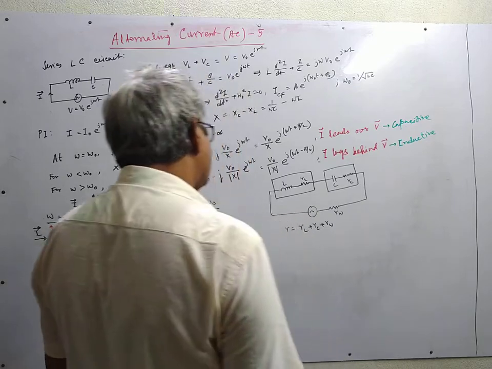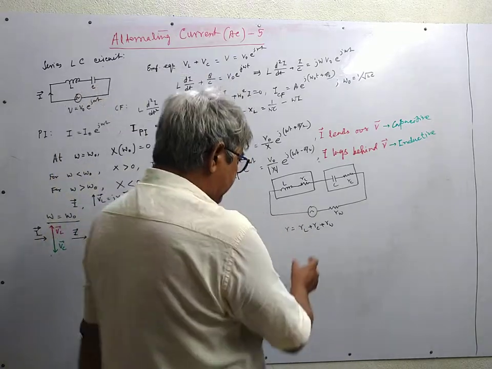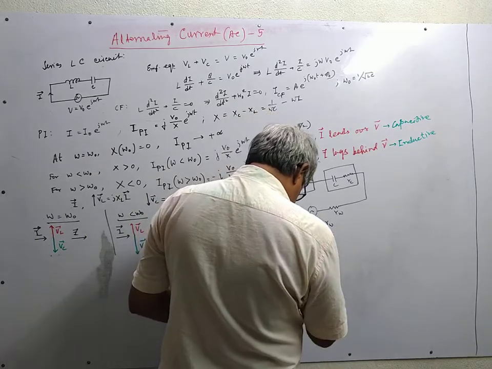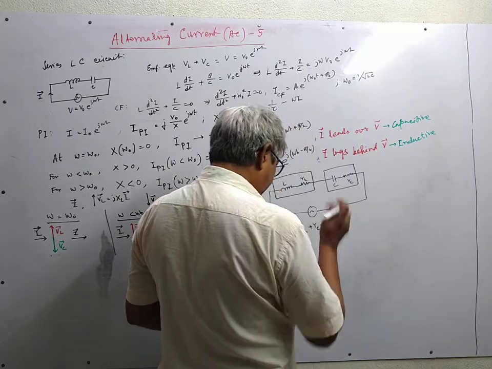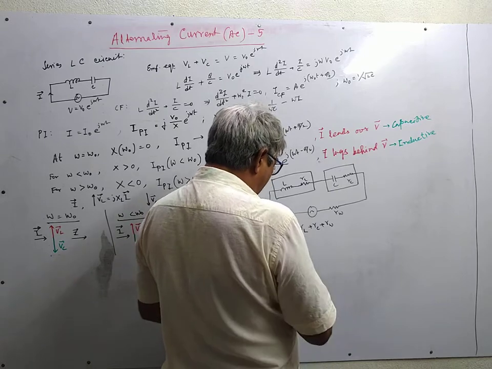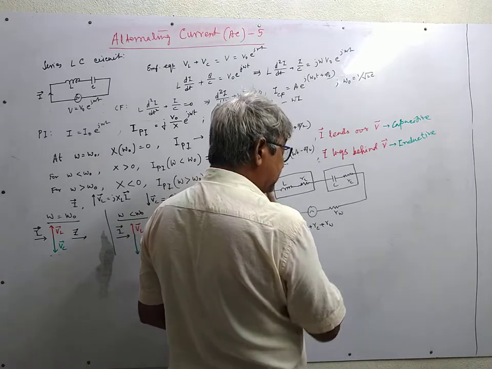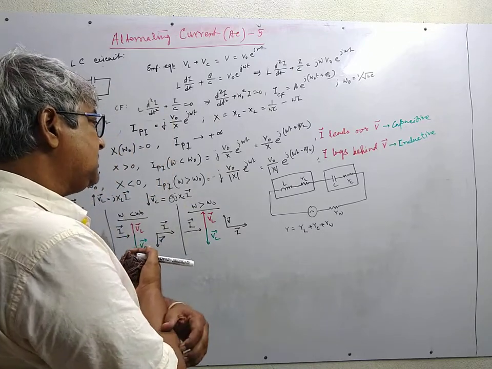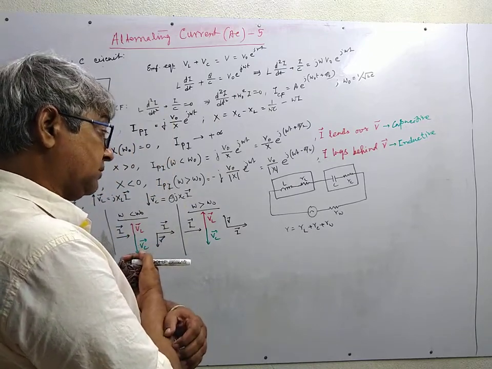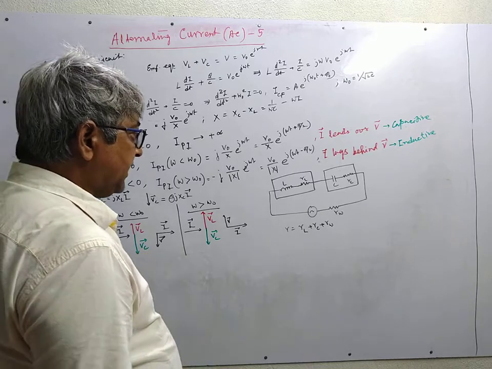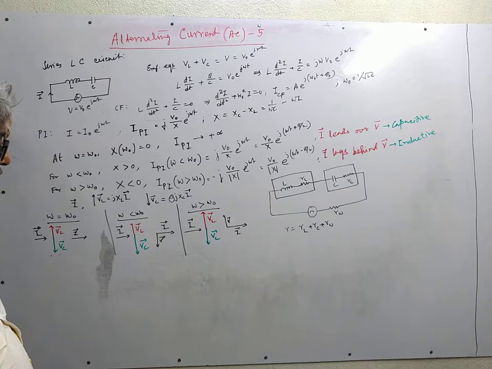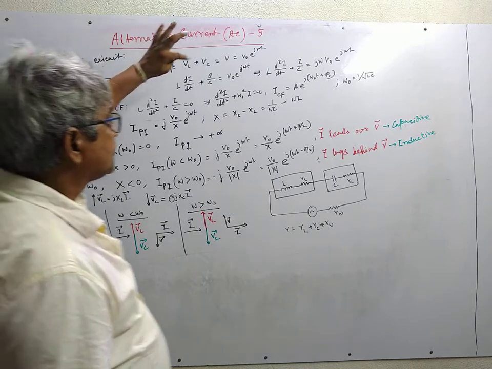For good quality inductors and capacitors, these two are really small and can be minimized to a great extent. However, R is a non-zero quantity, so some energy will be dissipated across the resistor.